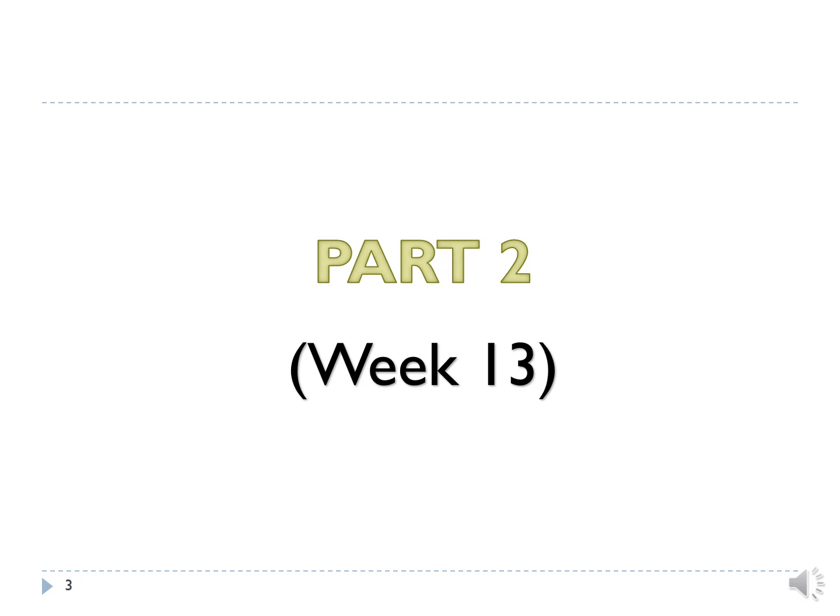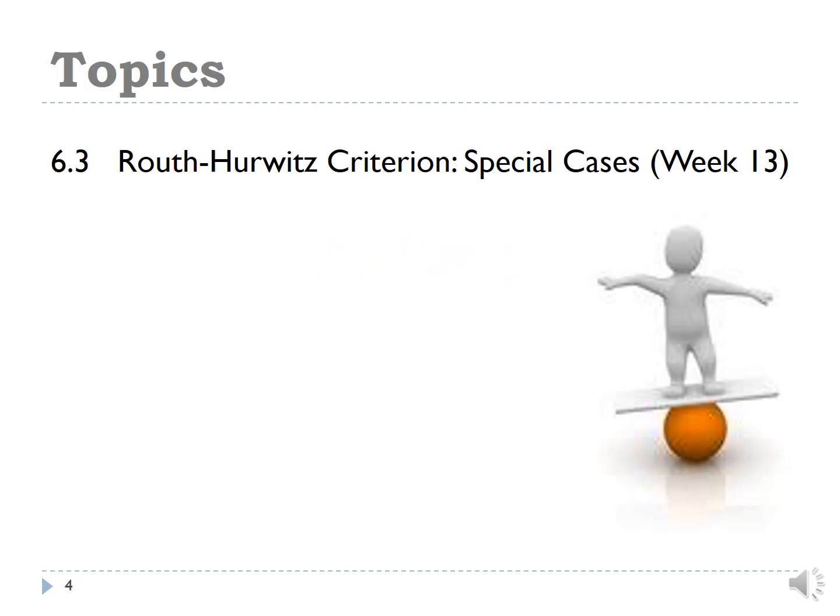So for this week lecture, I will cover part 2 of chapter 6. Remember, in the last week lecture, we were introduced to three conditions of stability for control systems: stable, unstable, and marginally stable.